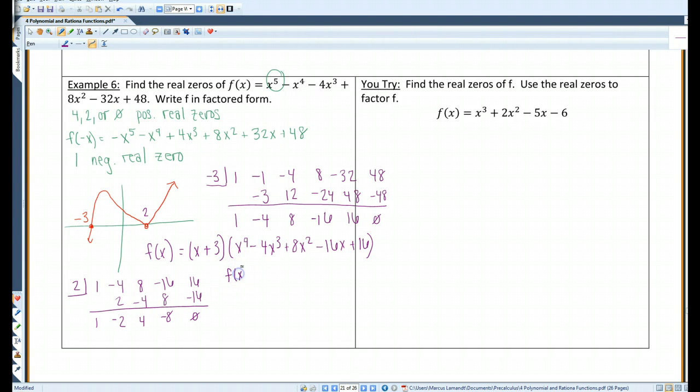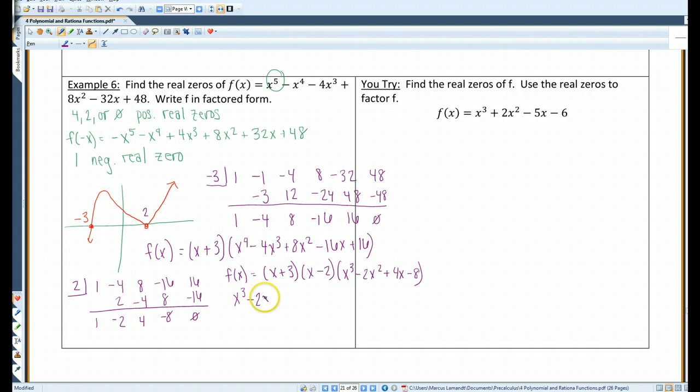I've got f of x equals x plus 3, x minus 2, and now what I have here, x cubed minus 2x squared plus 4x minus 8. Sorry, I'm going into this side over here. Alright, now this can actually be factored by grouping.